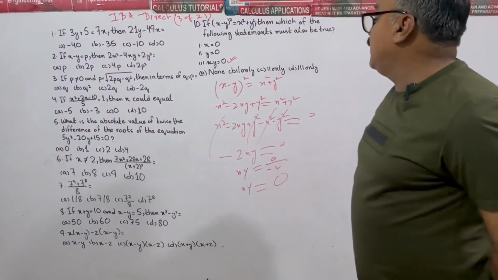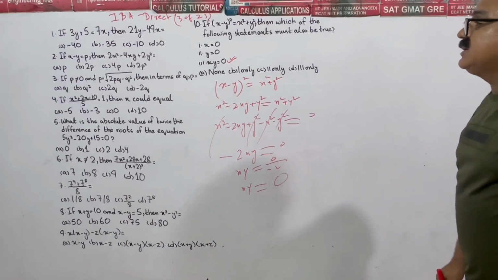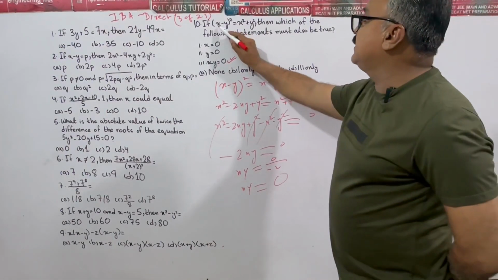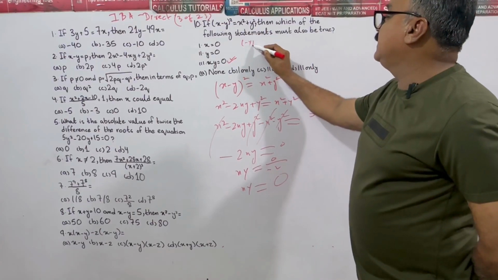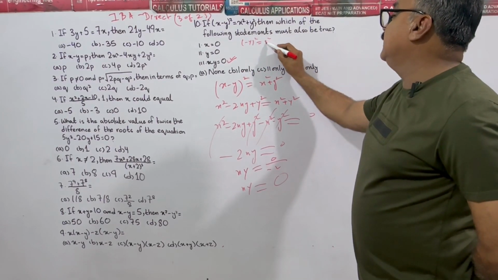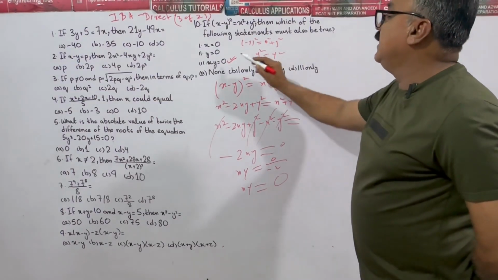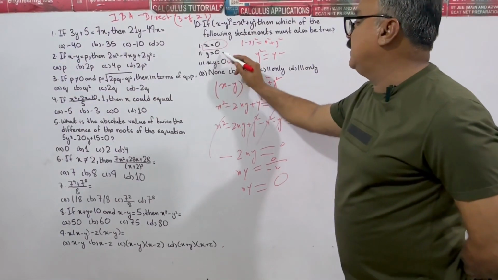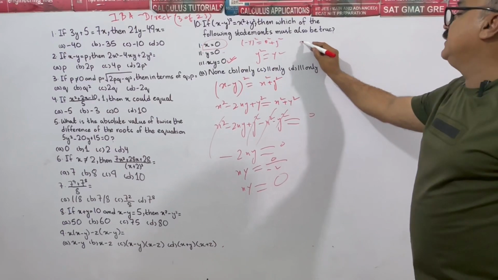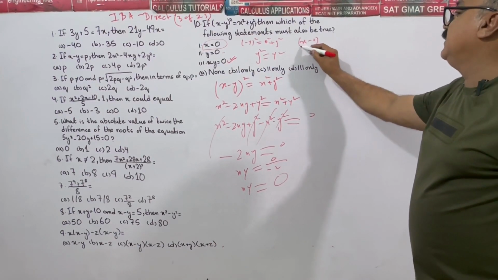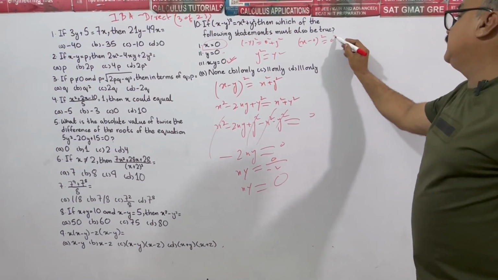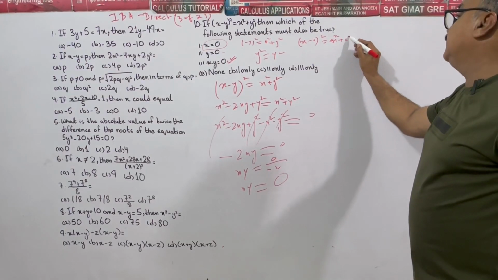What about the other options? If I put x equal to 0, it will become minus y square is equal to 0 square plus y square, so y square is equal to y square. This also works. What about y equal to 0? It will become x minus 0 whole square equal to x square plus 0 square.